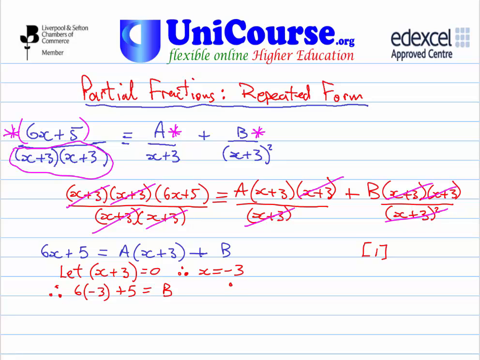Tidy up what we have on the left: minus 18 plus 5 equals B. Therefore B is minus 13. And again, that's going to be quite useful to us soon. Let's just put a ring around that.